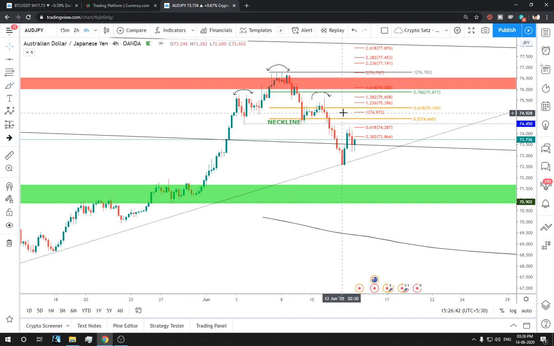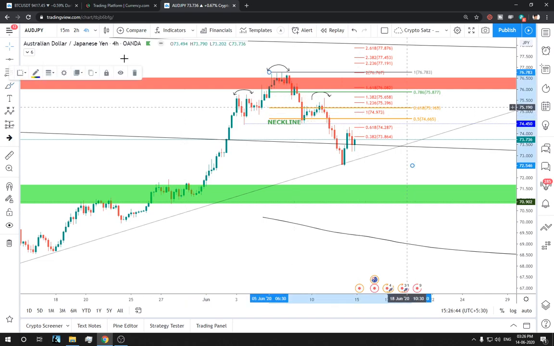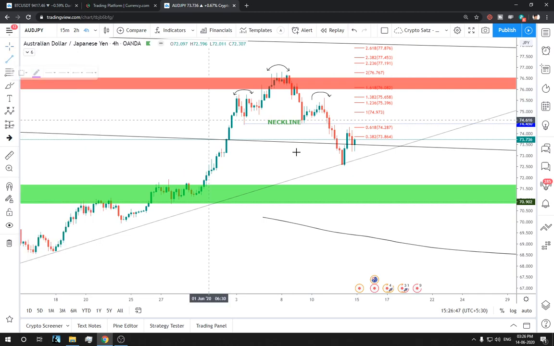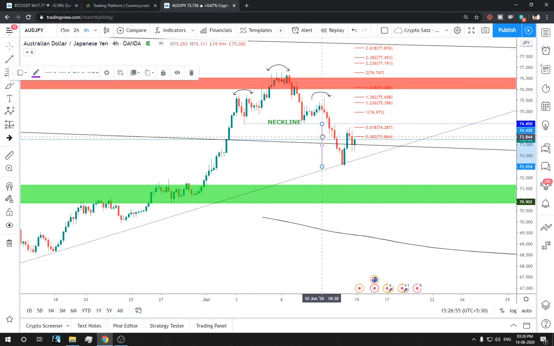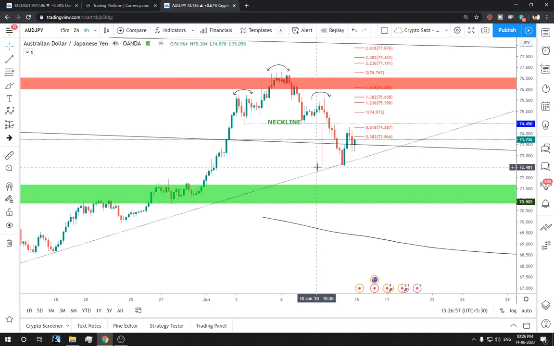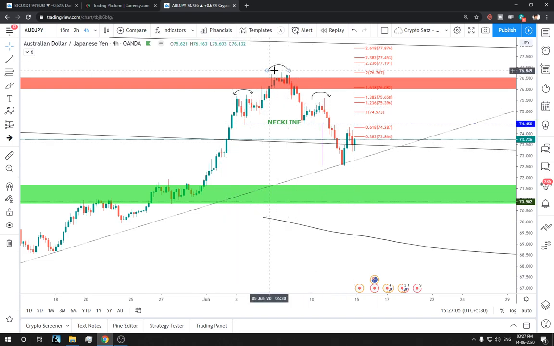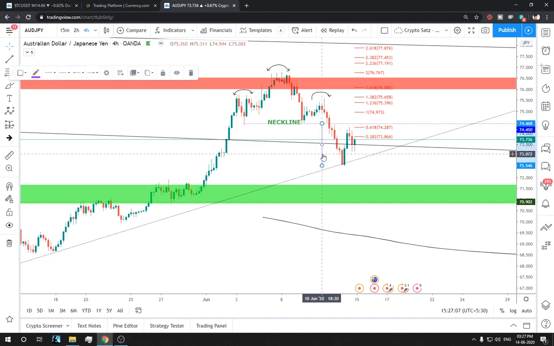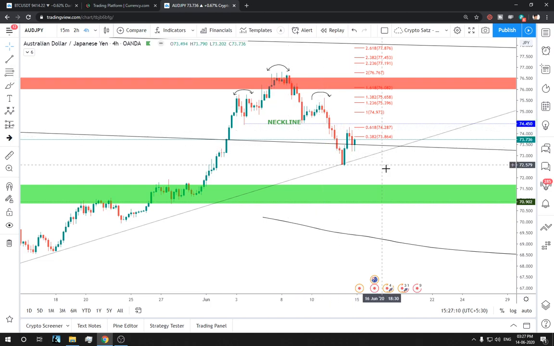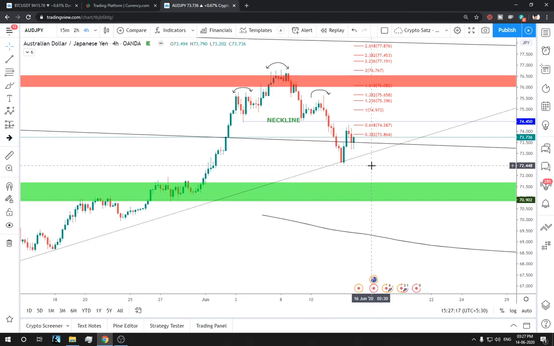So this is what I'm looking for in AUDJPY, keeping in mind the head and shoulders pattern which we measured here. The targets for this head and shoulders pattern are already done. In my opinion, this pattern's target is over, so we need to be cautious trading it for a reversal downside, as we took support over this supportive trend line and we are moving forward.